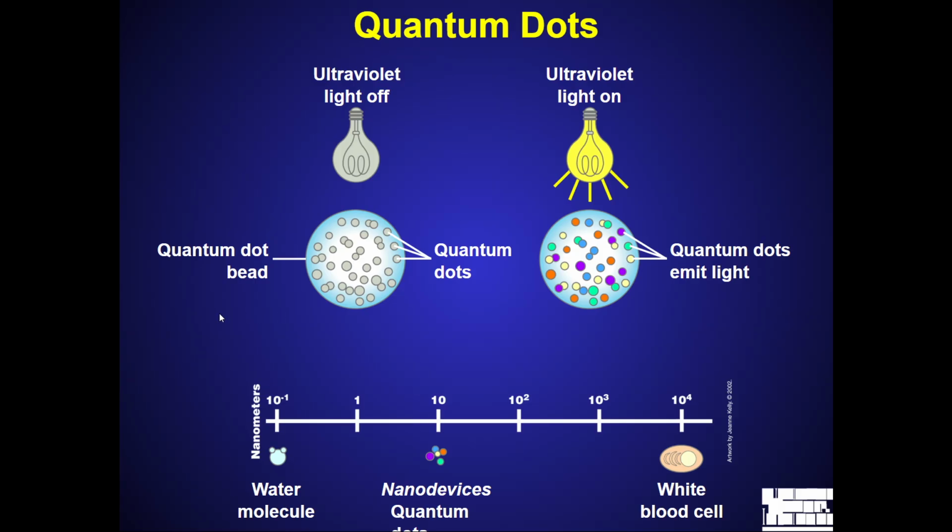And by combining different quantum dots within a single bead, scientists can create probes that release distinct colors and intensities of light. When the crystals are stimulated by UV light, each bead emits light that serves as a sort of barcode, and so it can identify a region of DNA. So basically, once again, these identify regions of DNA that may be mutated.